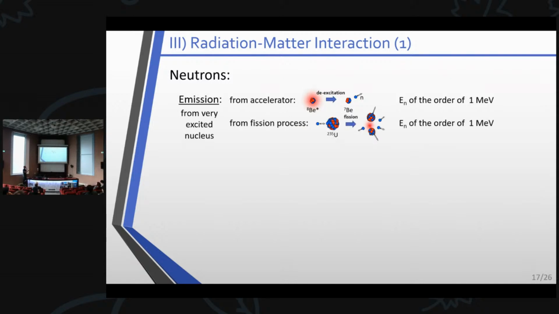You have the fission process, where uranium-235 can split and emit neutrons. The energy is more or less the same. From cosmic particles, you will have energy much higher, up to 100 MeV.